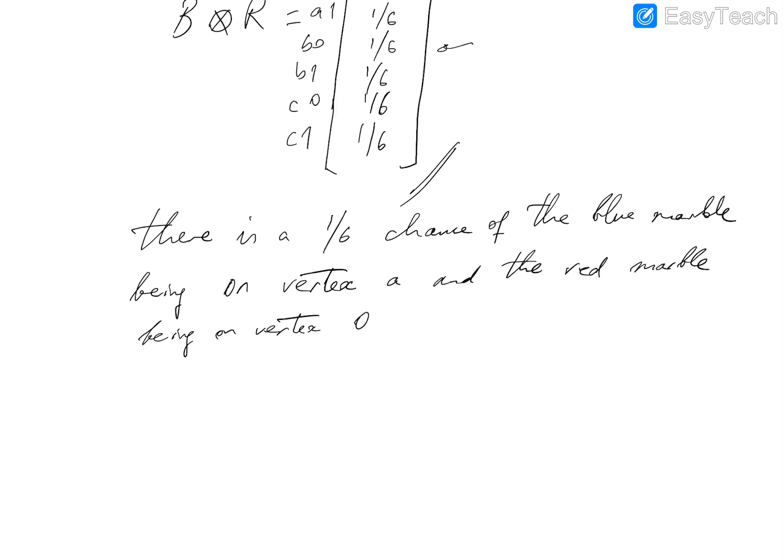So as you can see, given n many systems, we can take the tensor product of those systems and get a combined system, a compound system.